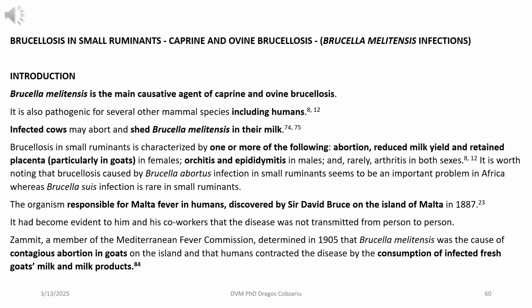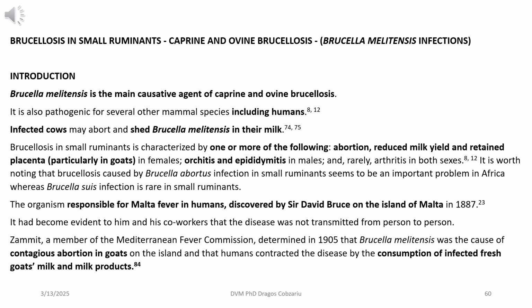Brucellosis in small ruminants, caprine and ovine brucellosis. Brucella melitensis infections. Brucella melitensis is the main causative agent of caprine and ovine brucellosis. It is also pathogenic for several other mammal species including humans. Infected cows may abort and shed Brucella melitensis in their milk.